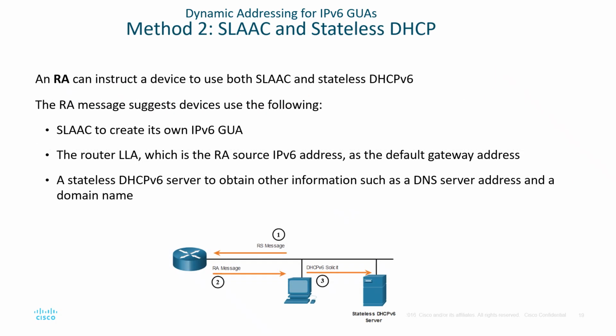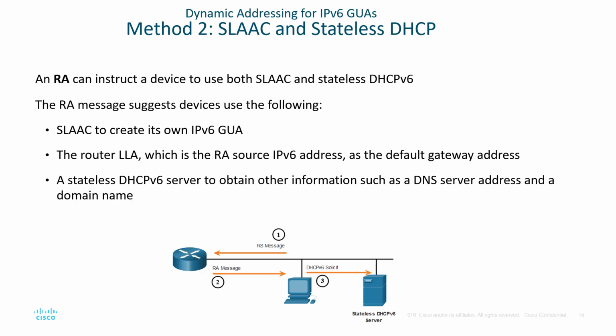So your second method is SLAAC and stateless DHCP. So an RA can instruct a device to use both SLAAC and stateless DHCPv6. It will suggest the devices do the following. Use the SLAAC portion to create your own IPv6 GUA.